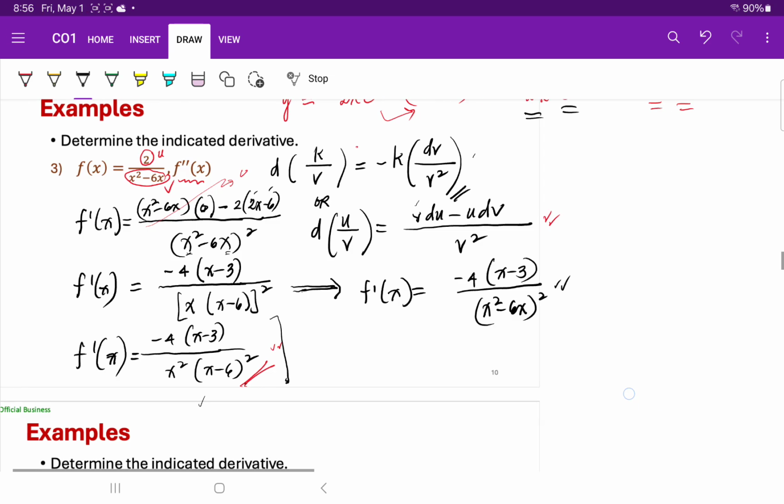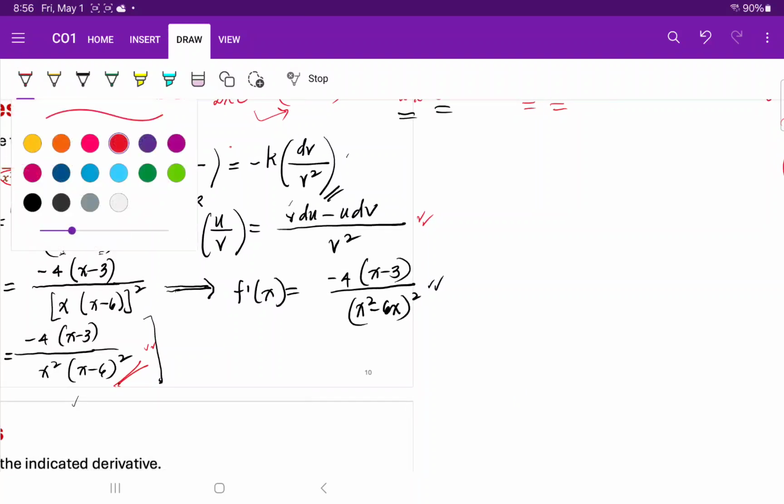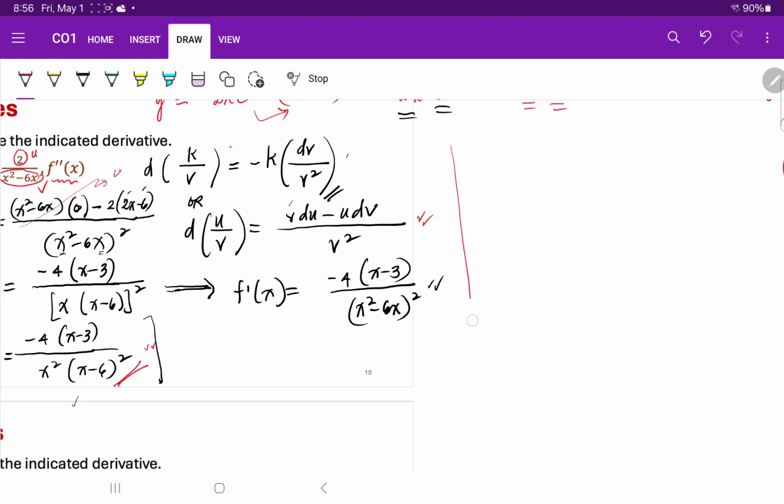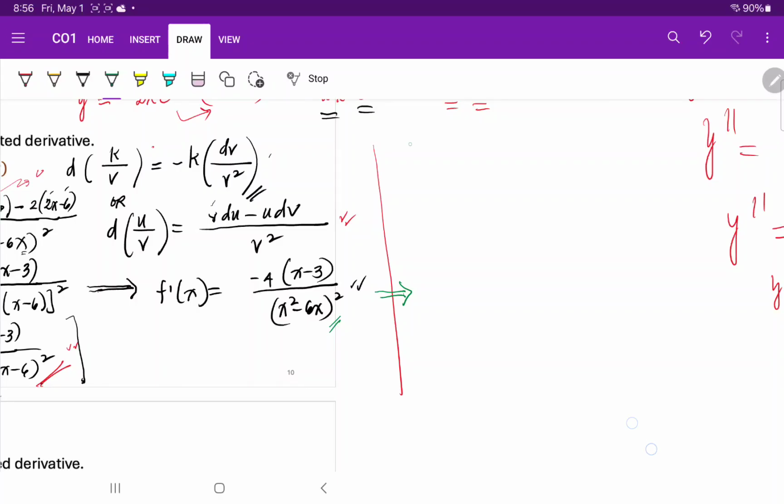Alright, so let's proceed to finding the second derivative. Let's find the second derivative using this one. Okay, so let's proceed here. So what's our second derivative now?